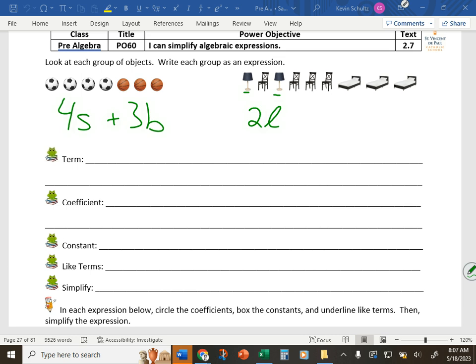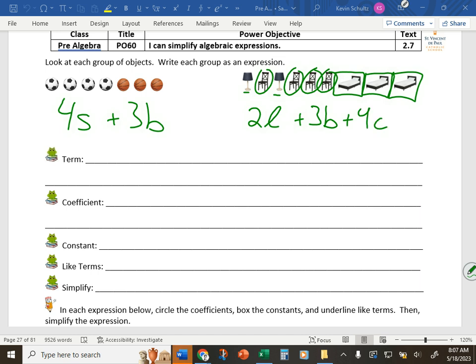So, 2L, what other set of like terms do I have here? Landon? 3 beds, right? I'm going to put a box around those. 2 lamps plus 3 beds, and what's left here? Mia. 4 chairs. 1, 2, 3, 4, right? 4C.